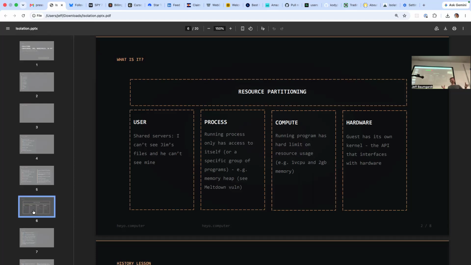So in a multi-user type environment, Bob can't see Sam's files and Sam shouldn't see Jim's files. So that's one type of resource partitioning. And then the ultimate is going to be at the hardware level. And we'll talk about why this is separate from the compute side in a bit. I think that'll be clear. Before we move on, anybody have any questions?